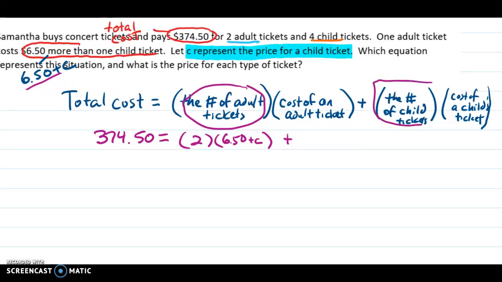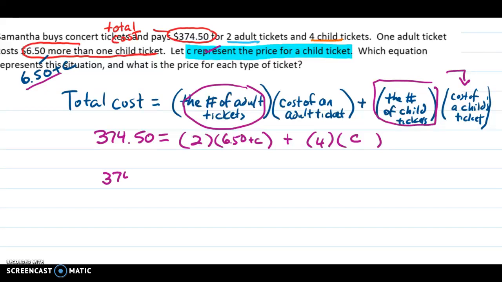The number of child tickets, 4 of them. And do we know what the cost of a child's ticket is? Well, not in dollars and cents, but we have it as an expression or variable. It's C. Now we have a linear equation that only has one variable. It has the variable C, and we need to solve this.